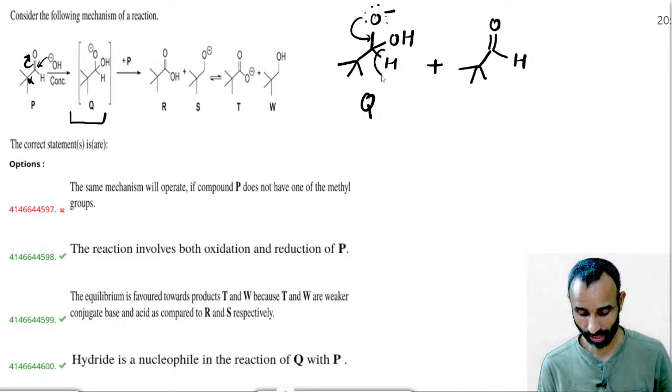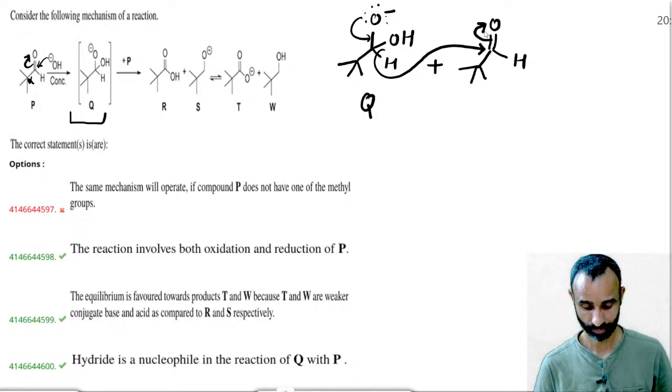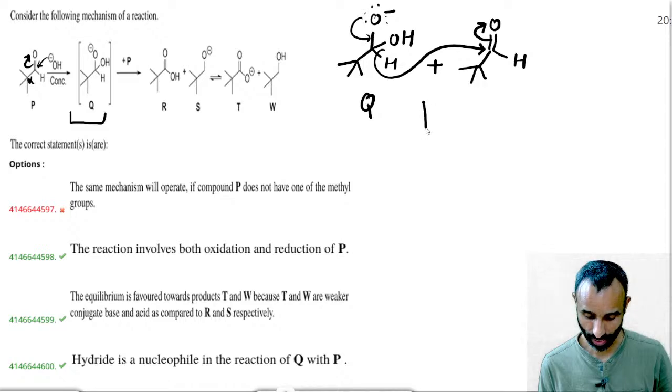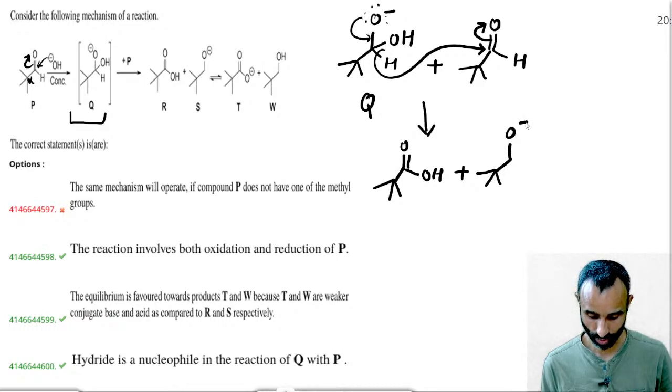This is a hydride ion transfer. When this hydride ion transfer takes place, we get C double bond O, OH along with O negative, and these are H H.